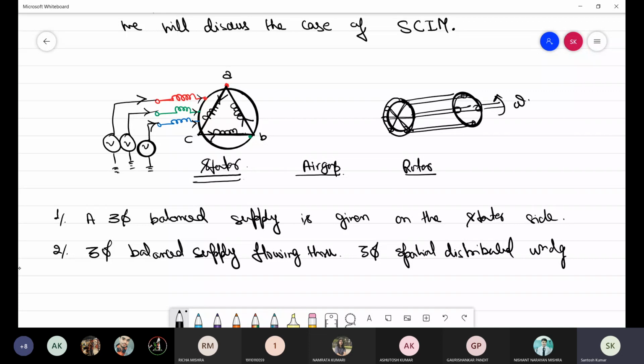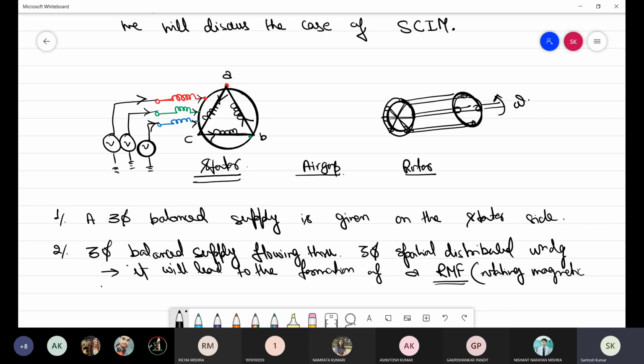So what will happen? It will lead to the formation of, what will it be? A rotating magnetic field. It will lead to the formation of a rotating magnetic field.